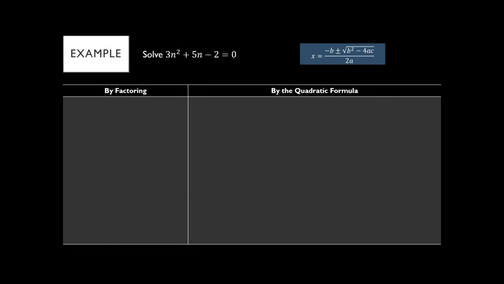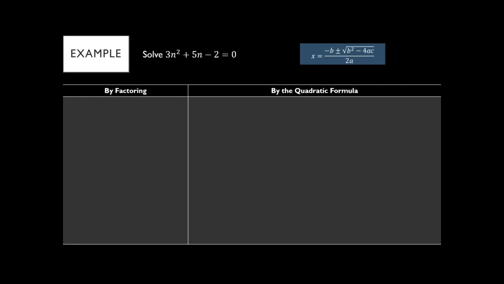It's in the box here: x equals negative b, and then that's our plus or minus symbol that we saw when we were simplifying square roots. Because with a square root, you can get a positive or a negative number, like the square root of 4 could be positive 2 or negative 2 because both square to get 4.